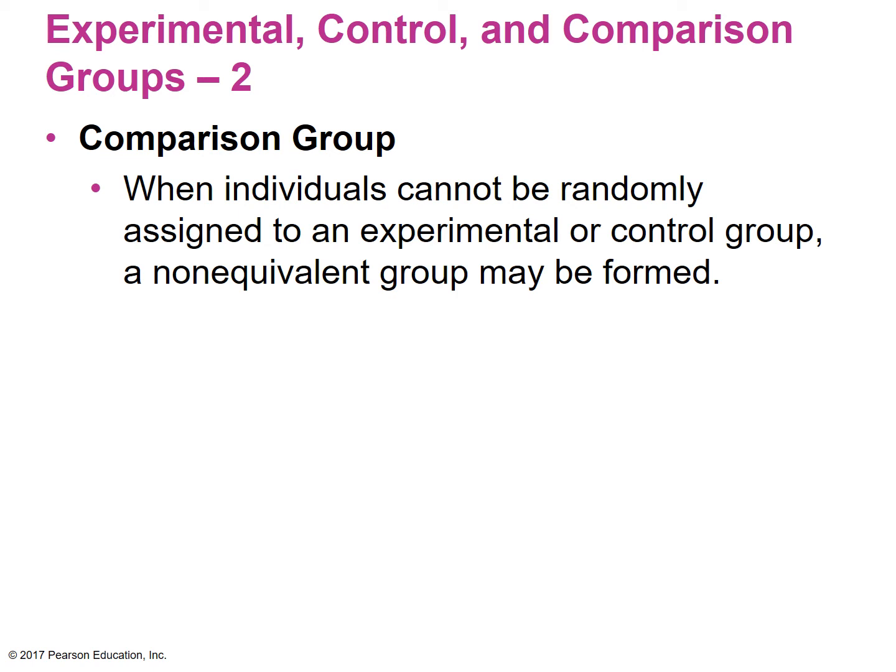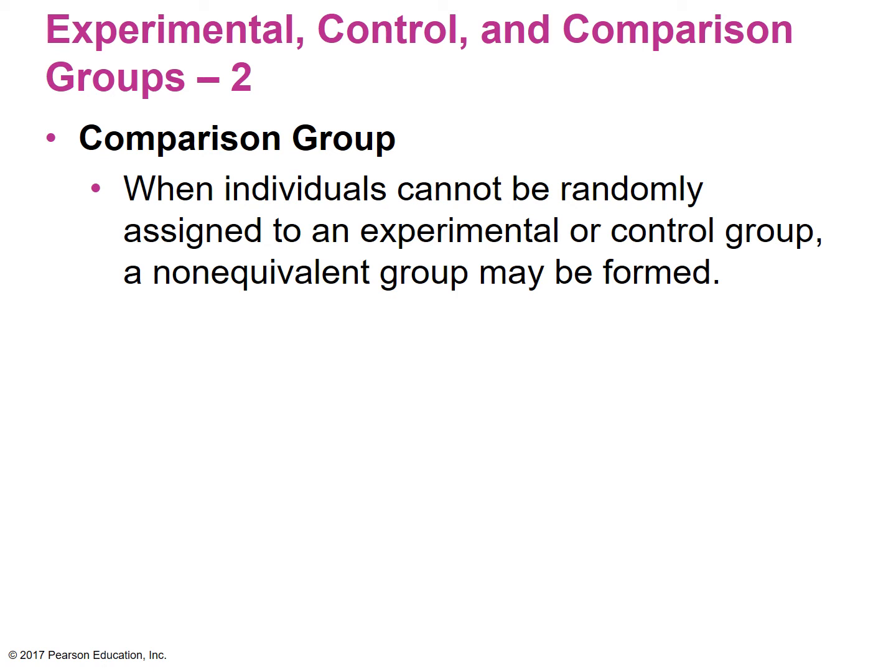One of the reasons why you would have a comparison group rather than a control group is if there's some ethical consideration. So say we had an intervention that was designed to, I don't know, improve health status, right? And that's the expectation, that it's going to improve health status.